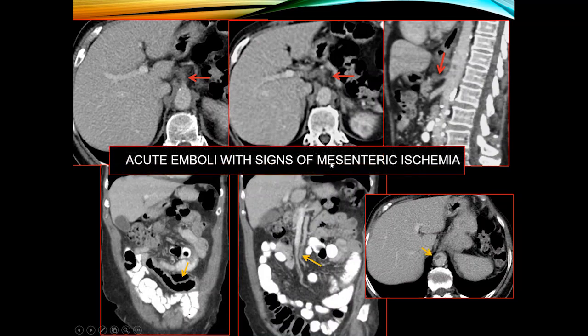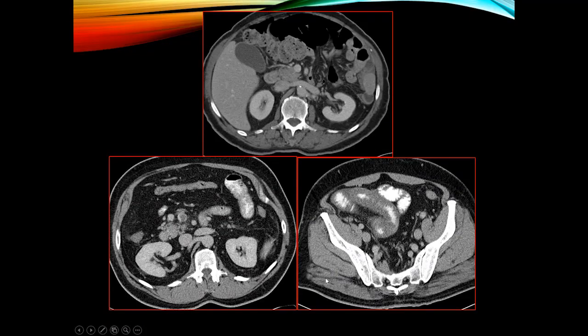What's really important here is to note that when you see an area of the bowel that's abnormal, you really need to track the vessels that supply that particular loop of bowel, and you don't want to be satisfied with a search that stops early. We see this, this does not match up with supply to this loop of bowel, so we really have to go back and look carefully at our SMA and SMV.